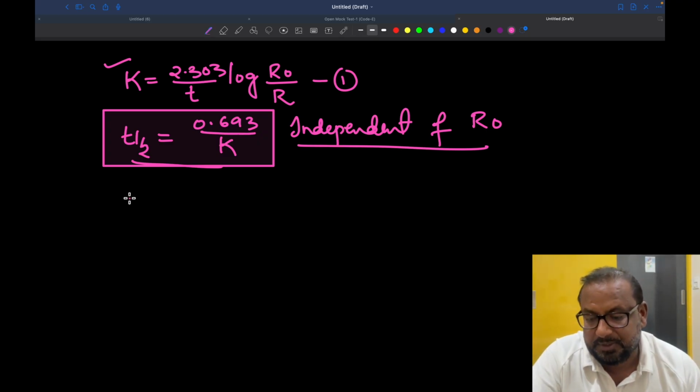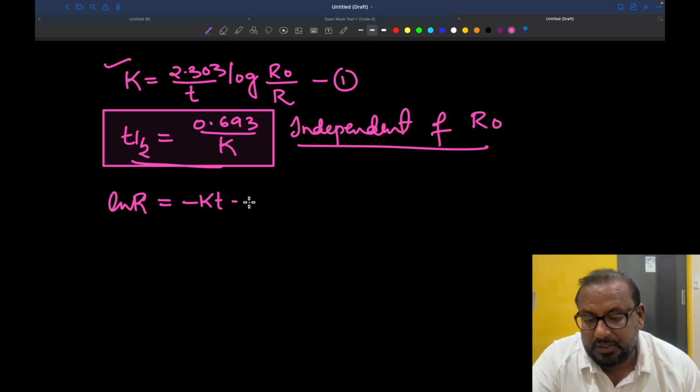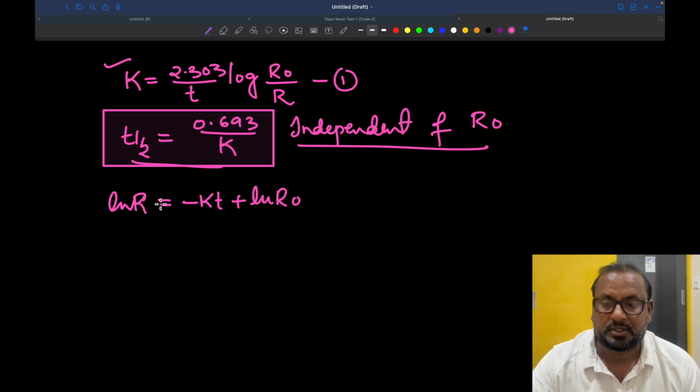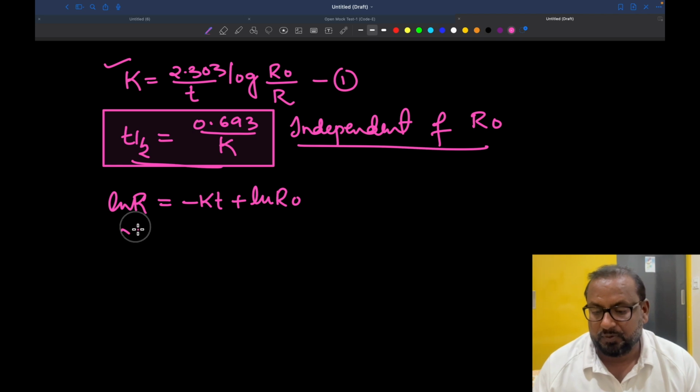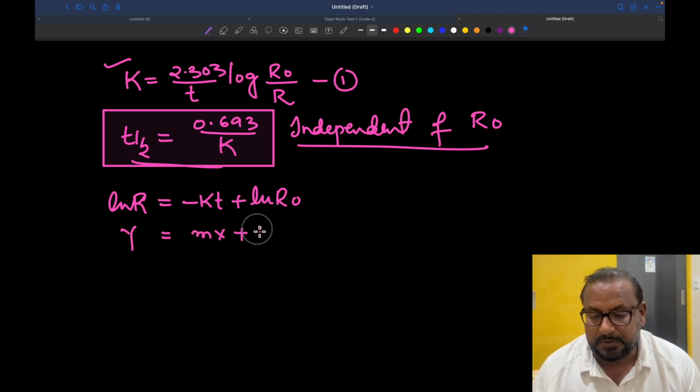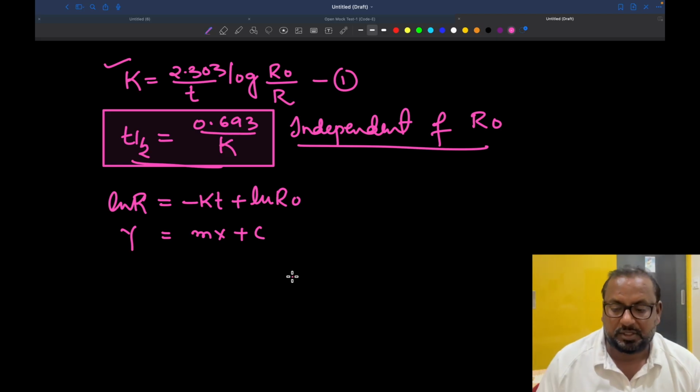The first graph is based on ln R equals minus kt plus ln R naught. This equation is in the form of y equals mx plus c, so we have to get the graph.